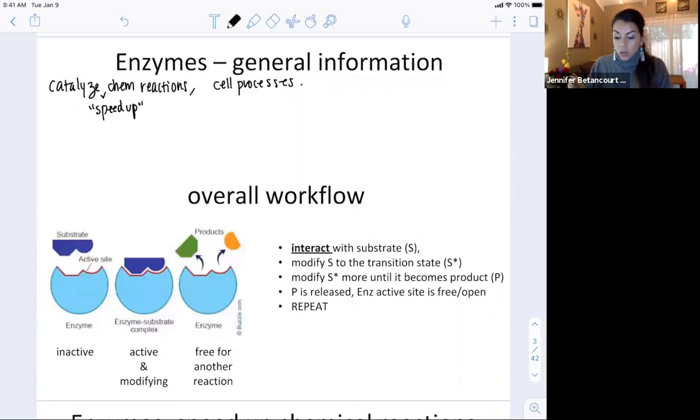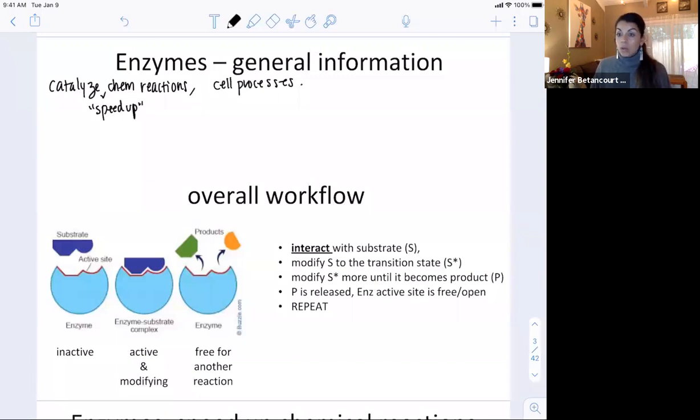Without enzymes, so I know in chemistry you talk about spontaneous and non-spontaneous reactions. I'm here to tell you that in a cell, very, very few reactions are spontaneous. All the cellular processes are composed of a bunch of chemical reactions, and all of them are going to require enzymes. Things don't typically happen spontaneously. In a cell, it's all very regulated.